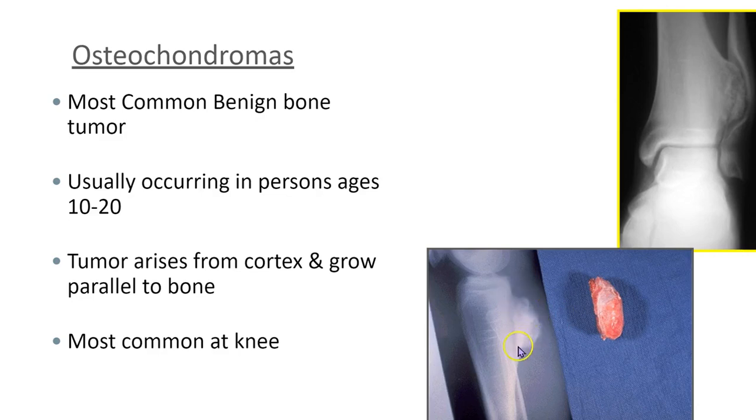This is an example of the posterior tibia. But they can occur in the pelvis and the scapula are other examples, particularly in children or young adults. So please remember that osteochondroma and enchondroma are two benign bone tumors typically found in young people.